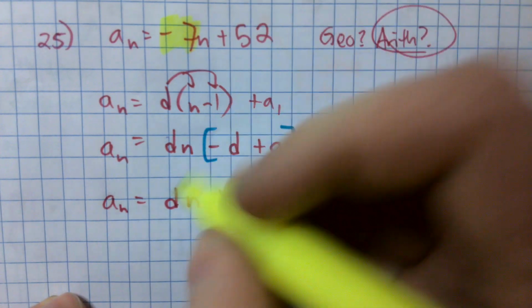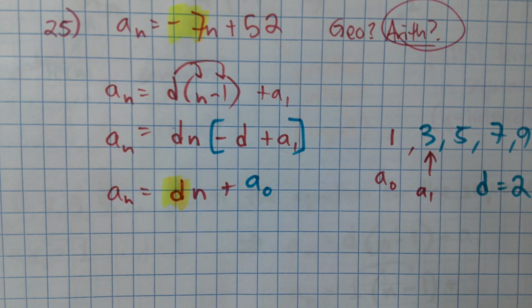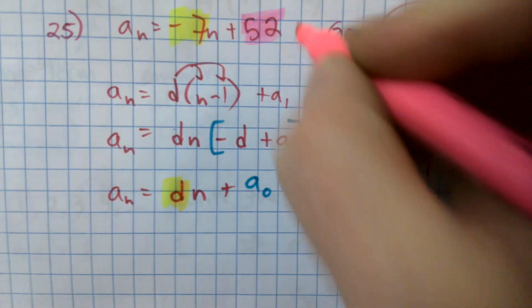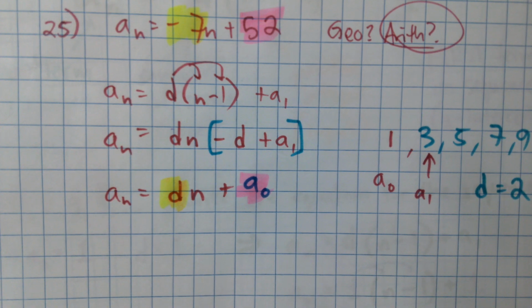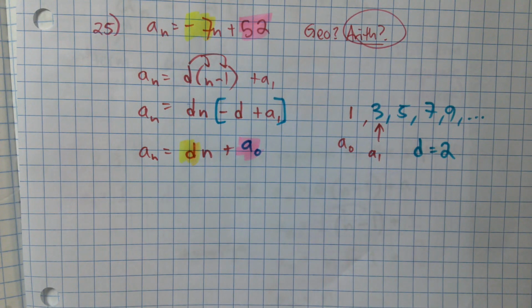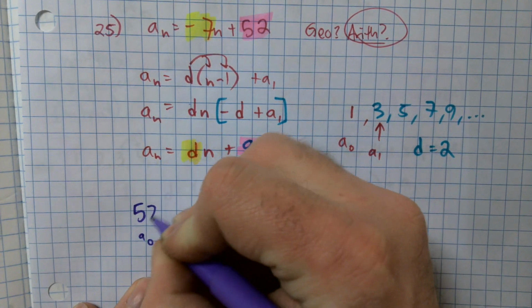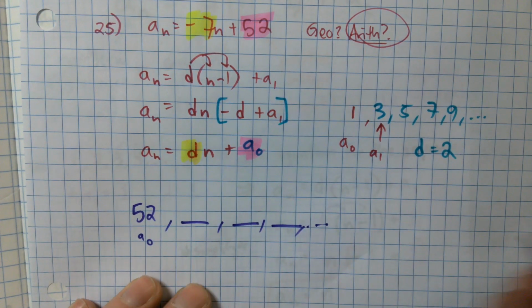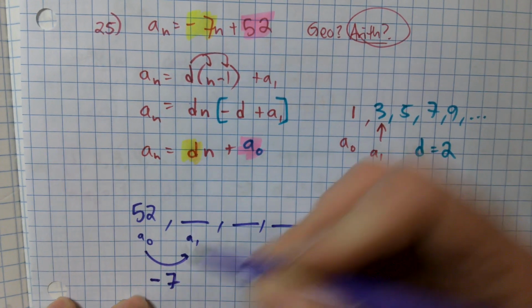Now check this out. I can tell from the original formula that my d is negative 7. I'm subtracting 7 as I go. And my 0th term is 52. Right? So let's think about this for a second. If I had an arithmetic sequence where a sub 0 was 52, and each time I move over, I'm subtracting 7.